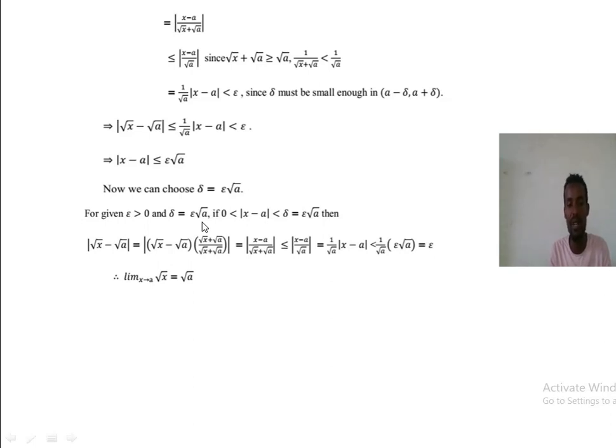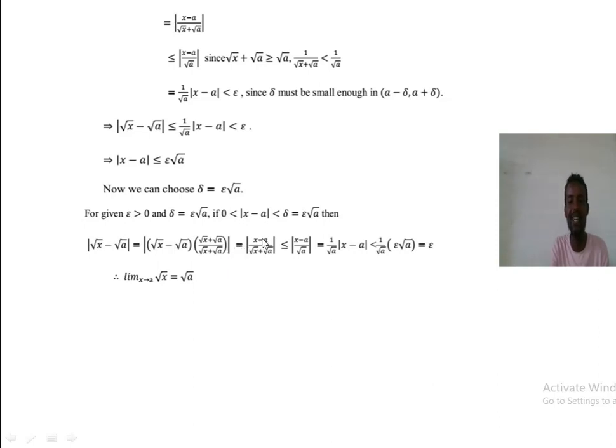So if 0 is less than absolute value of x minus a is less than delta, then we have absolute value of square root of x minus square root of a, which is the same as absolute value of square root of x minus square root of a times square root of x plus square root of a, the whole over square root of x plus square root of a.